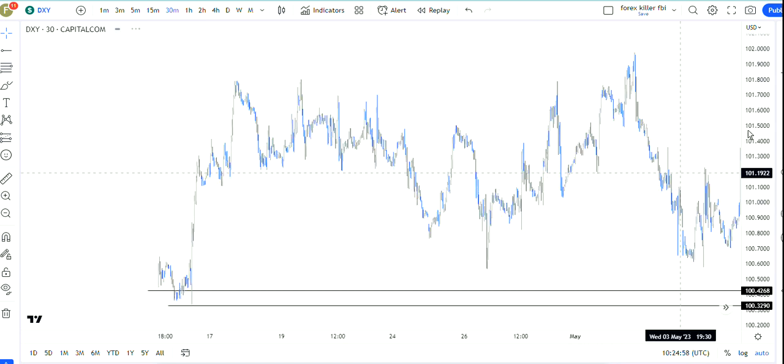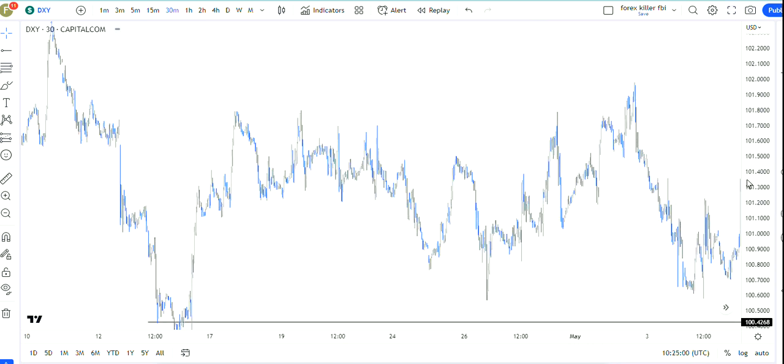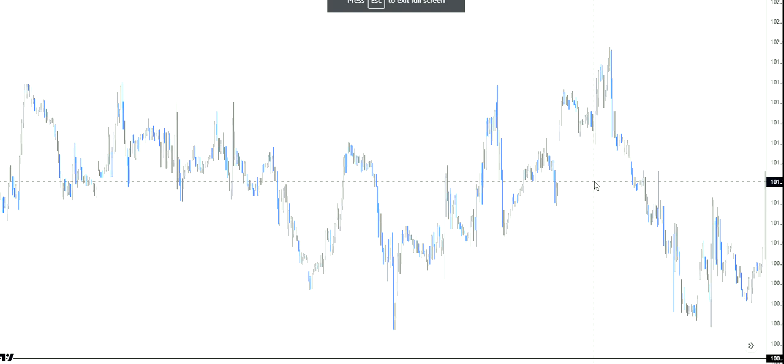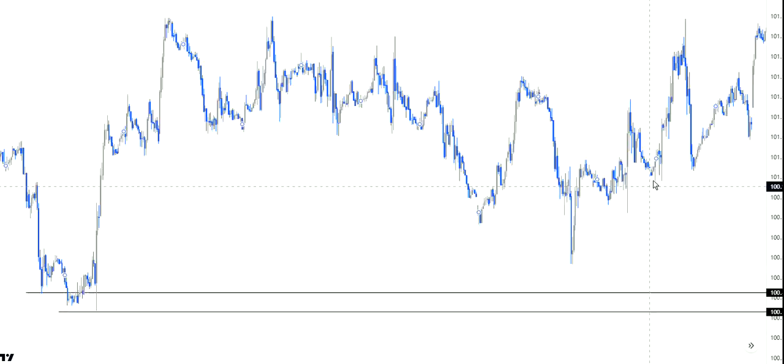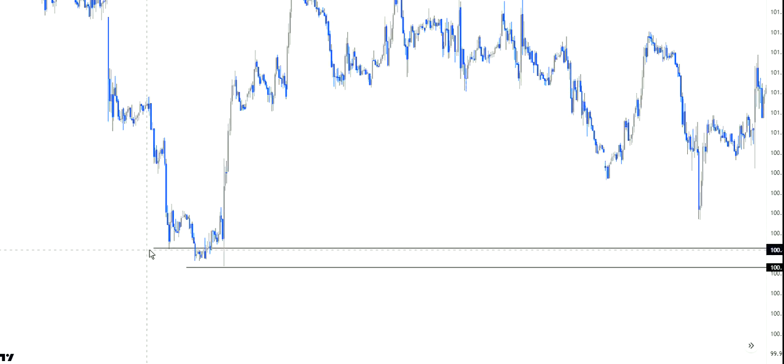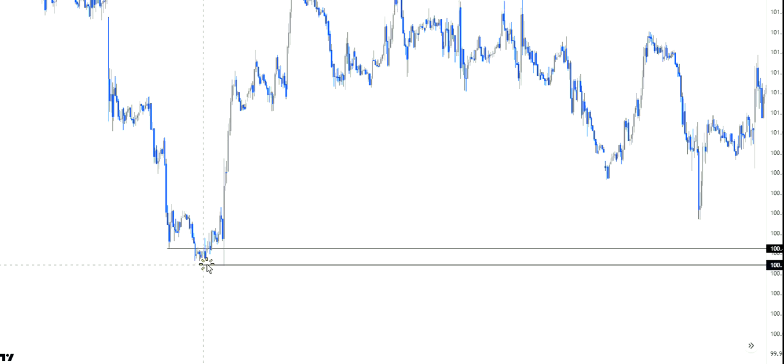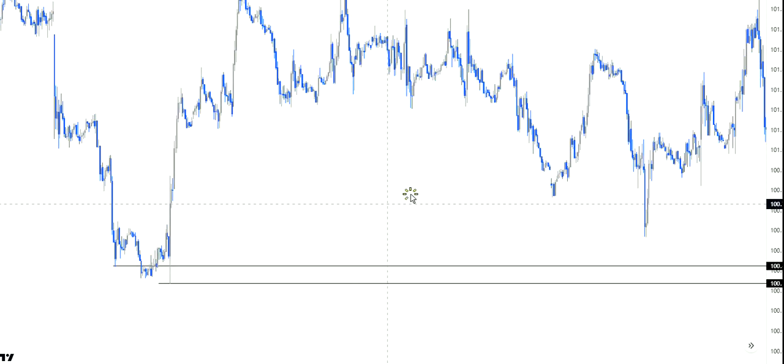As we can see here, let me maximize our chart here. Now you can see, this is what we call liquidity engineering. The price engineered this price here. This is liquidity engineering. The buy entry will be here, and the stop loss will be at this point here.